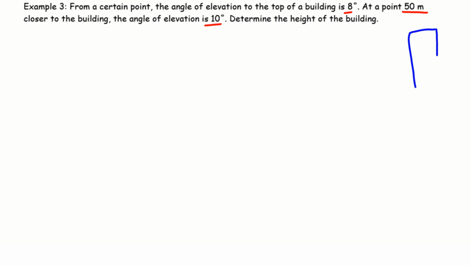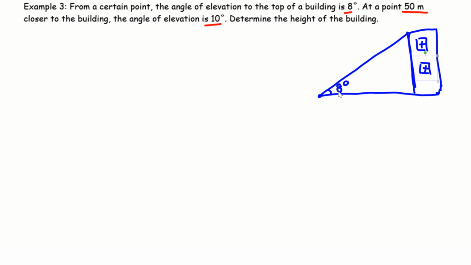So we just draw a building here. Then this is the ground. From a certain point, look up to the top of the building. The angle of elevation is from the horizontal looking up.